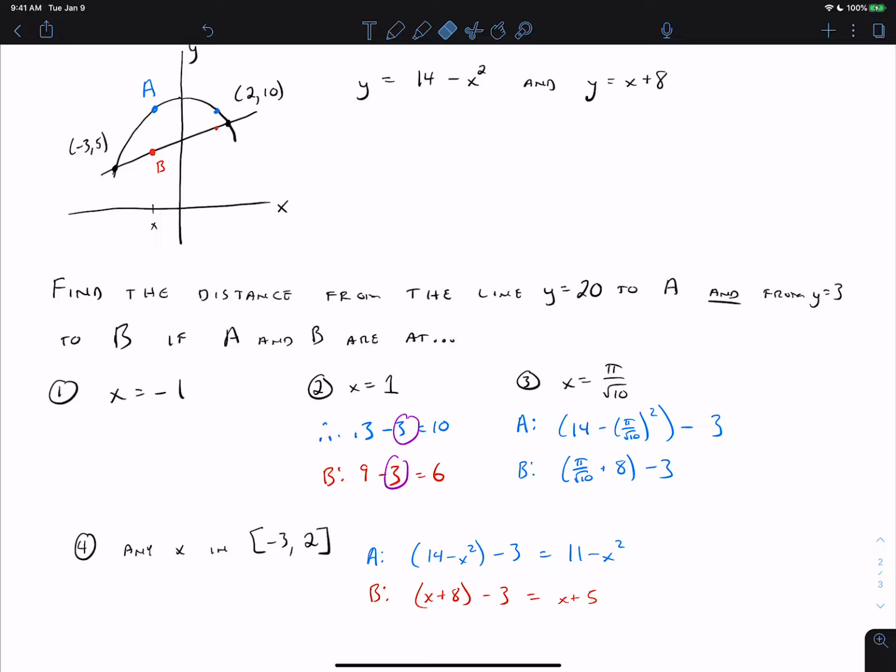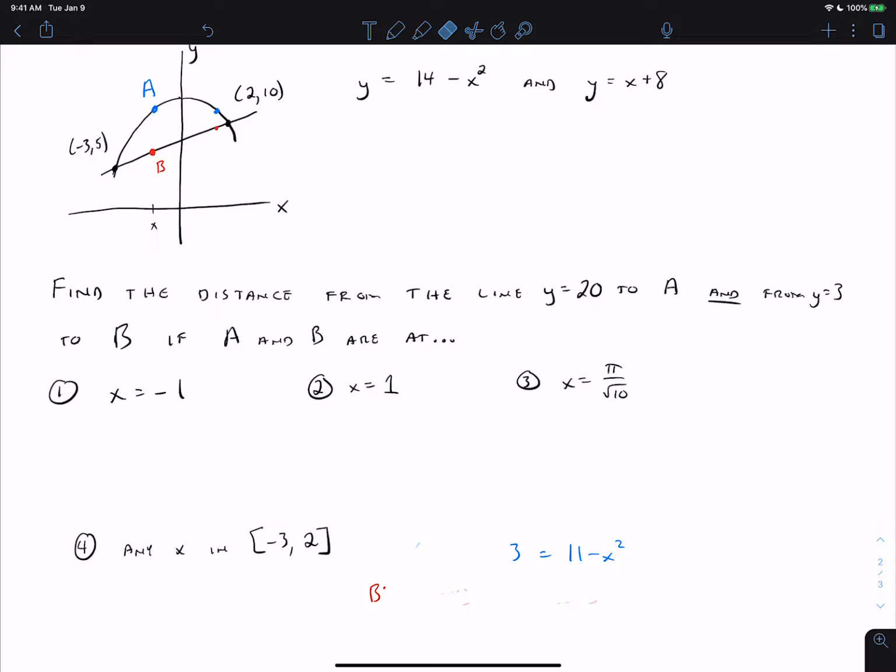Okay, so I want you to pause the video and actually try these on your own. They're a little different, but not a lot different from the ones we were just doing. But do all 4 of them. So pause it and say, okay, I want to know the distance from the line y equals 20 to point A and from the line y equals 20 to point B at each of those 3 x values, and then a formula in general for any x.